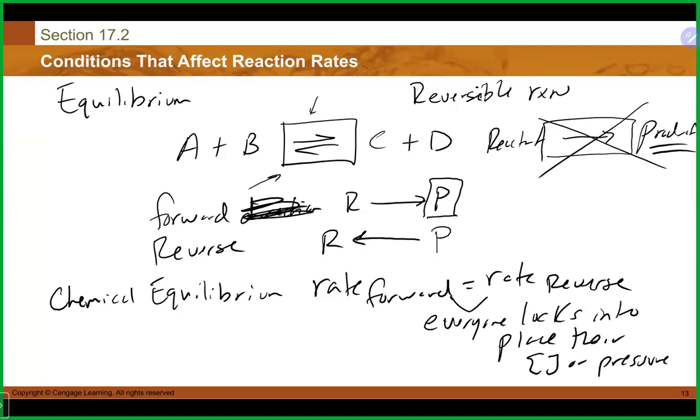Now, they will be able to maintain this perfect rate forever, basically, unless you decide you want to screw it up, which we'll talk about later on in this chapter. You could go and screw up the equilibrium. But one of the really interesting things about this type of reaction is you could go screw it up, but it will find a way to get itself back to this equilibrium state.